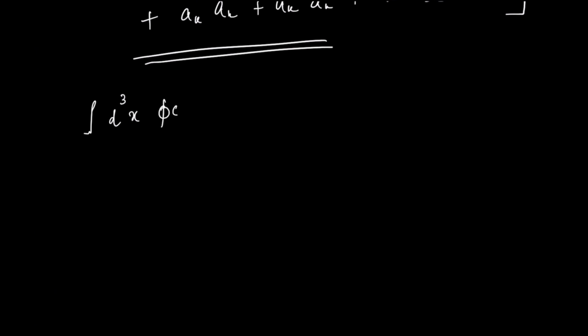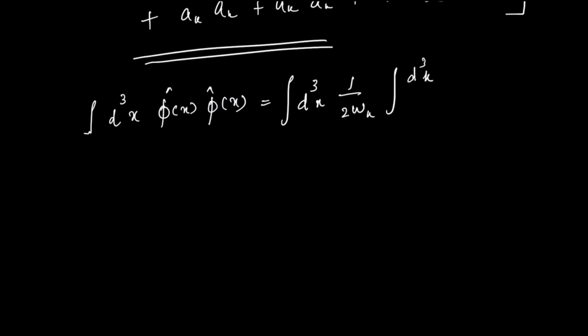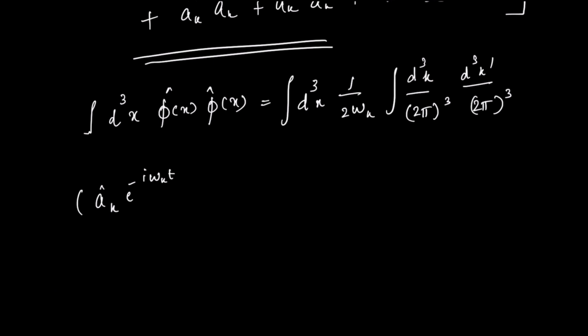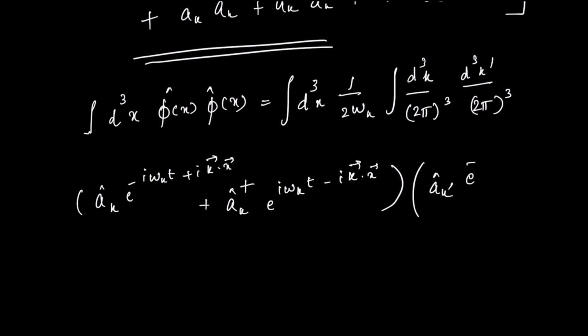For the time being I will do φ(x) φ(x). This will be 1/(2ω_k) integral d³k/(2π)³ d³k'/(2π)³, a_k e^{-iωt + ik·x} plus a_k† e^{iω_k t - ik·x}, and a_k' e^{-iωt + ik'·x} plus a_k'† e^{iωt - ik'·x}.